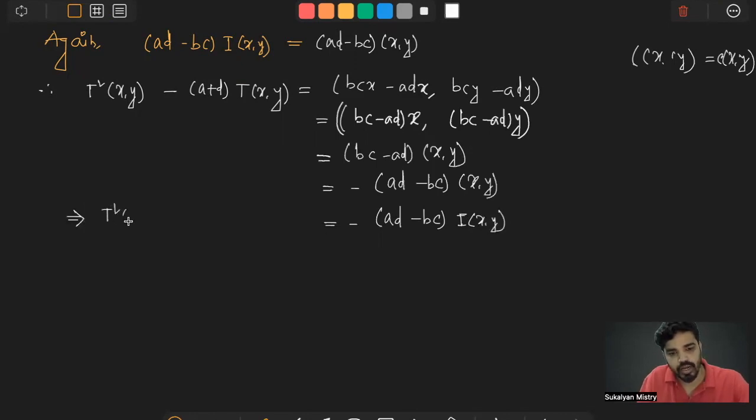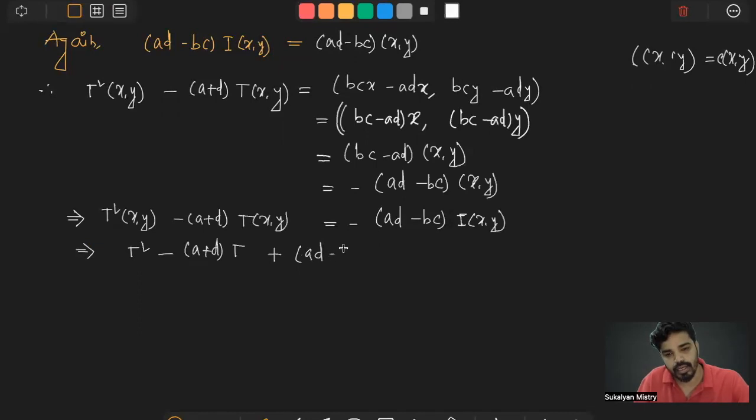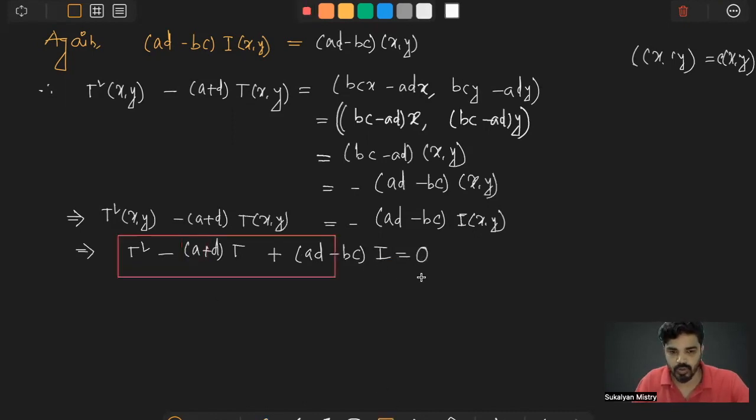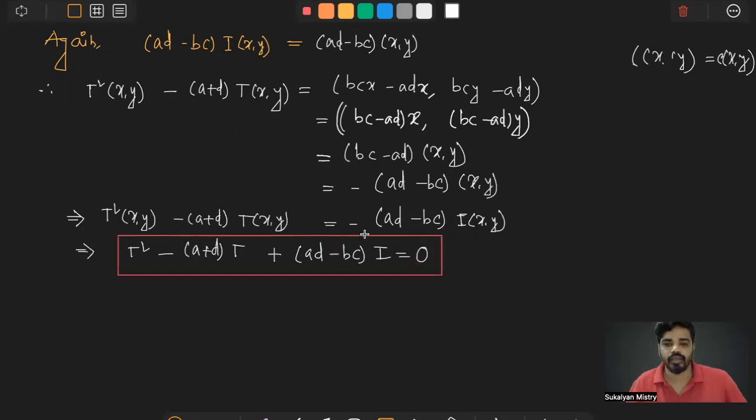T square (x, y) minus (a plus d) into T(x, y) equals this, so this implies T square minus (a plus d) into T plus (ad minus bc) into I is equal to 0. Getting my point? So that is the answer.